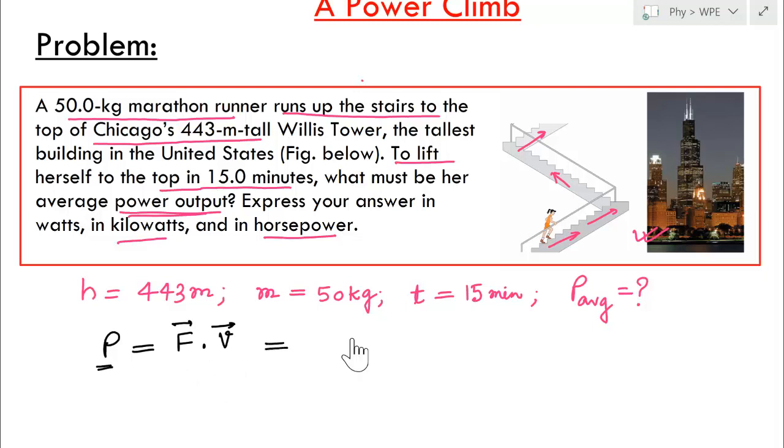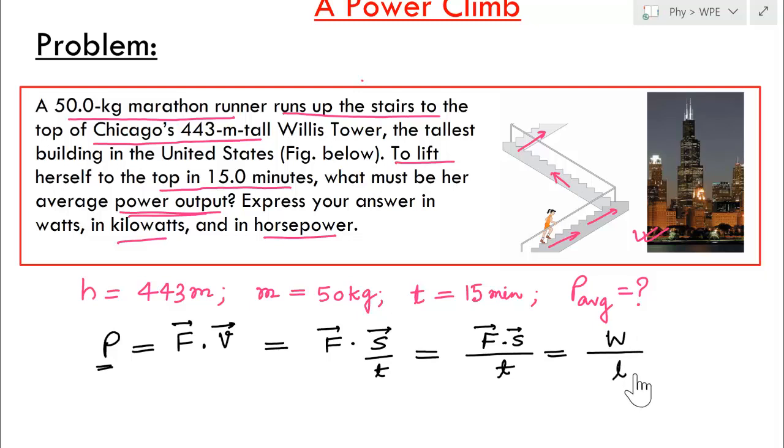Now the same expression I can also write F dot velocity, I can write displacement divided by time. We can also rewrite F dot S and this divided by time. And if you remember, F dot S, that is nothing but work done. So I can write work divided by time.